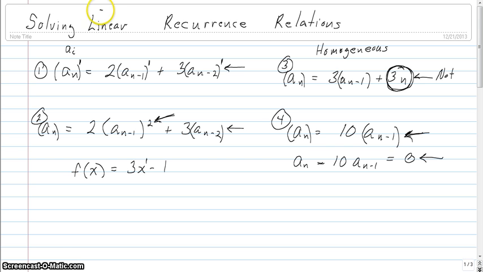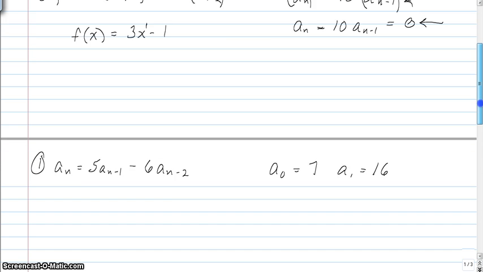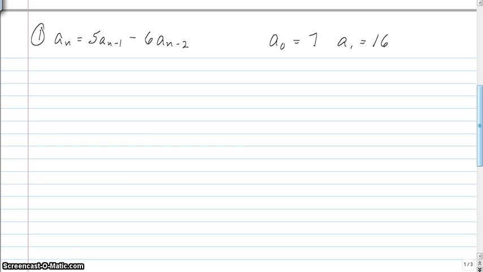So we're going to focus in on linear, homogeneous recurrence relations, and the technique for solving those is a lot less complex than if the recurrence relation is nonlinear and or if it is not homogeneous. Right, so let's take a look at this example as to how we would solve this recurrence relation.